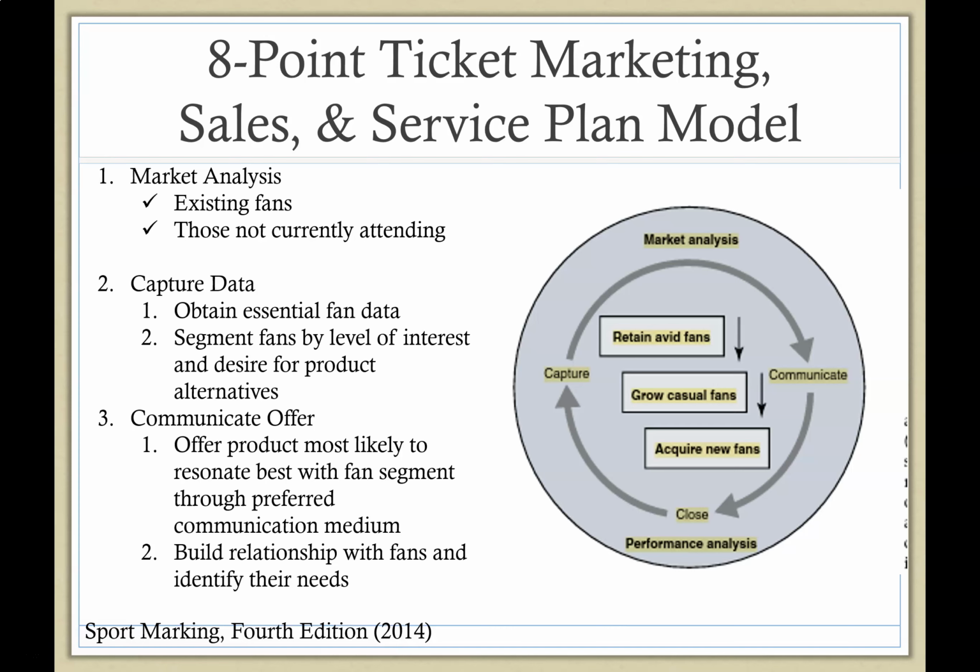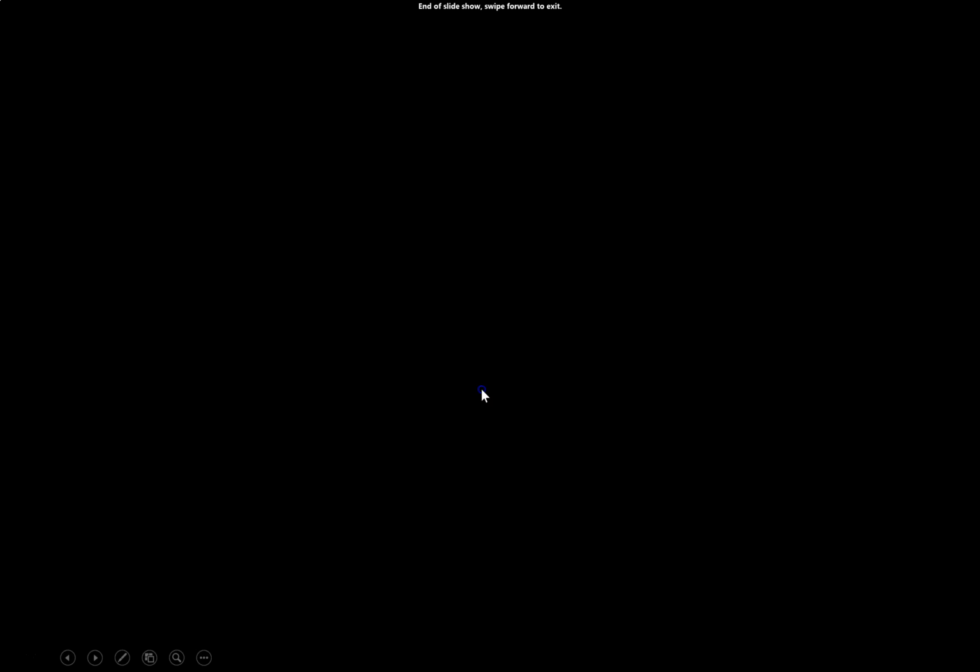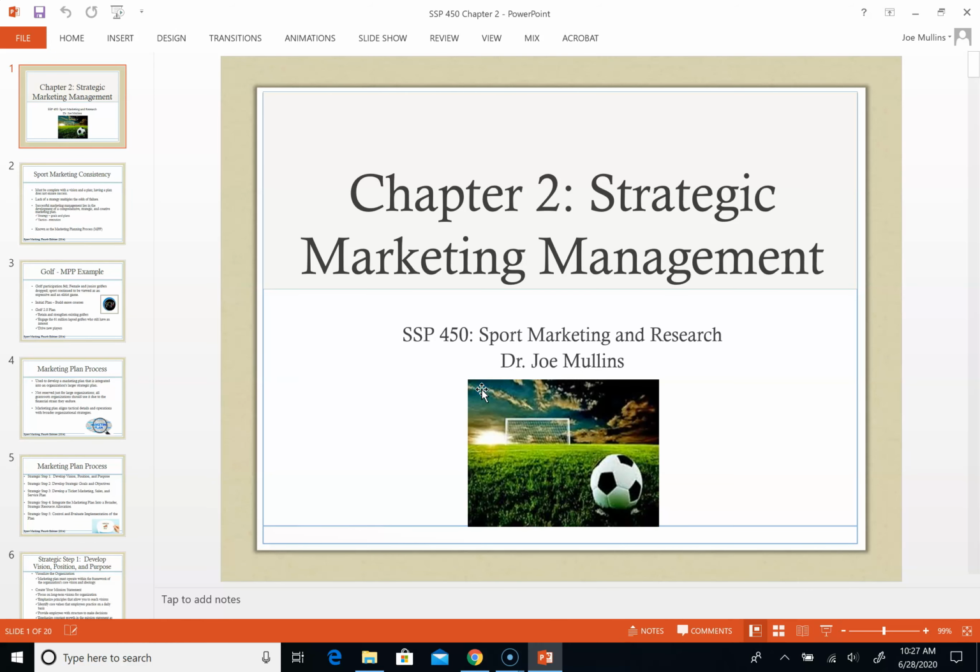We start to communicate what it is that we can do for people, why our product is good, and we end up hopefully moving people up that escalator from not knowing a whole lot about us, guys, to really knowing a lot about us and caring about us. So this process we'll go through over the next 6 weeks or so, and you'll understand it very well by the end.